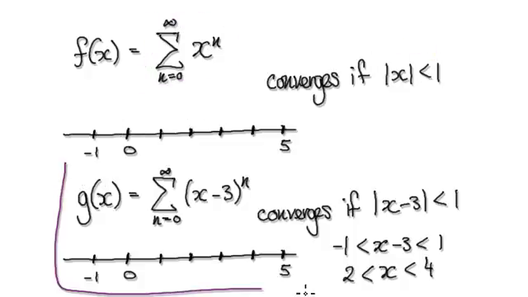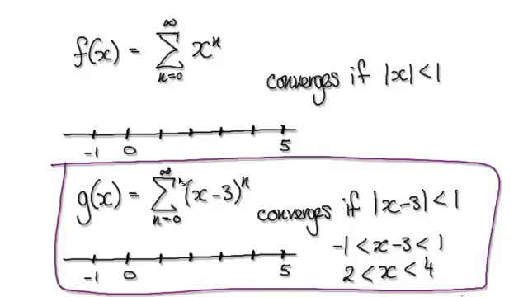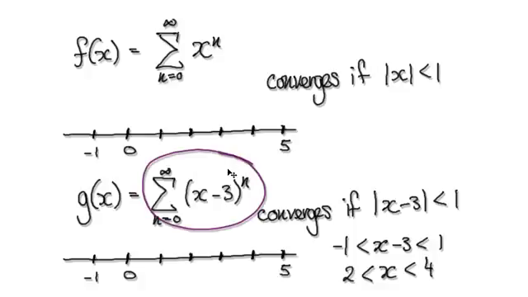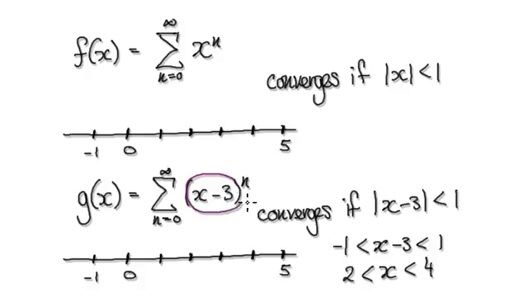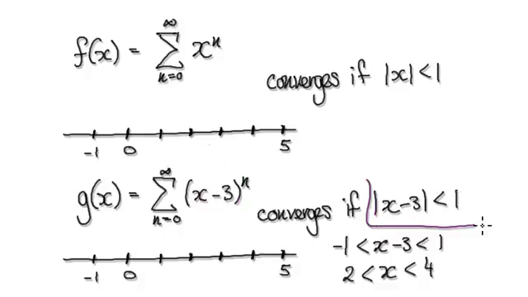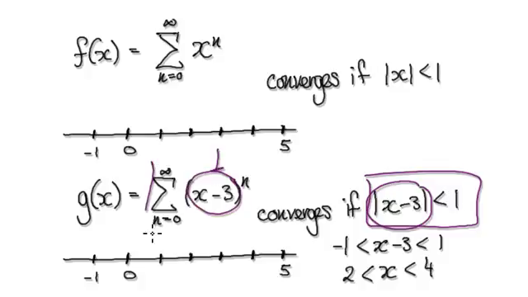Now let's look at this scenario here. In this scenario, g of x is given by this. When you look at this, you should be able to tell that this is a geometric series where this is your common ratio. If you make the common ratio less than 1, then you know that this series will converge.